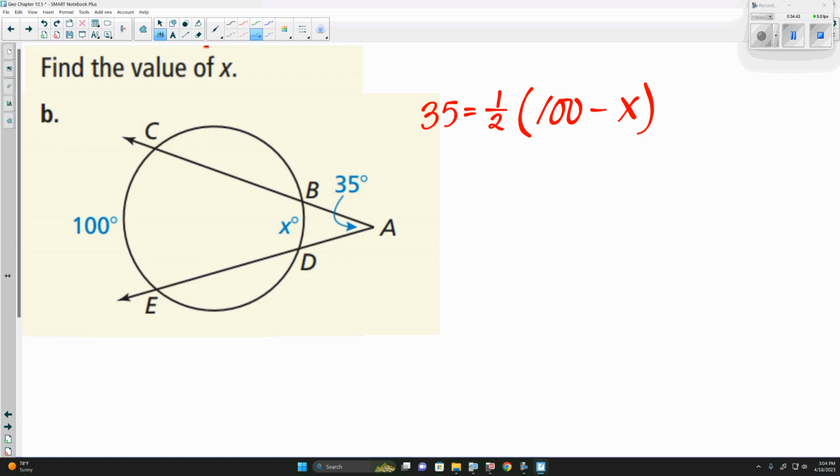Yes. Now, we can multiply both of the numbers inside the parentheses by 1/2, or we can multiply both sides by 2. 35 times 2 is indeed 70.